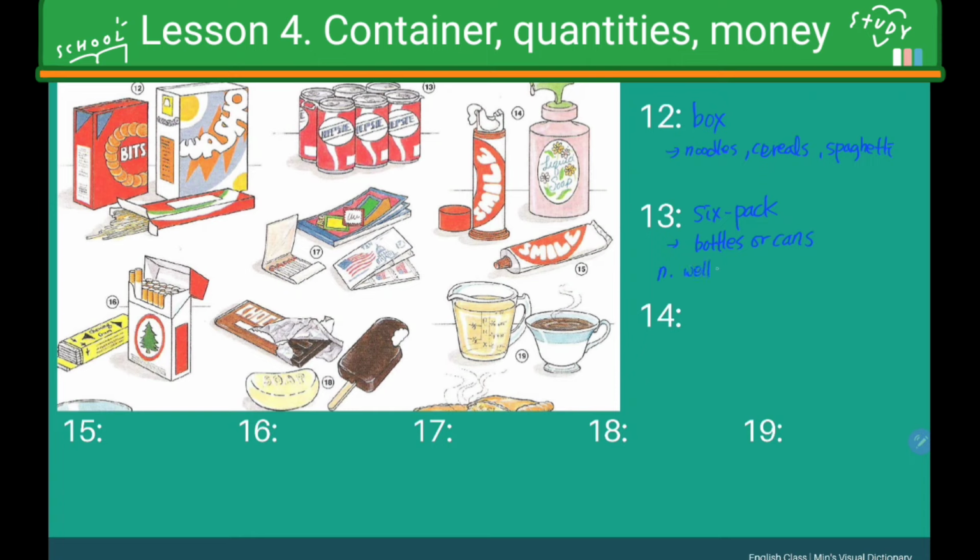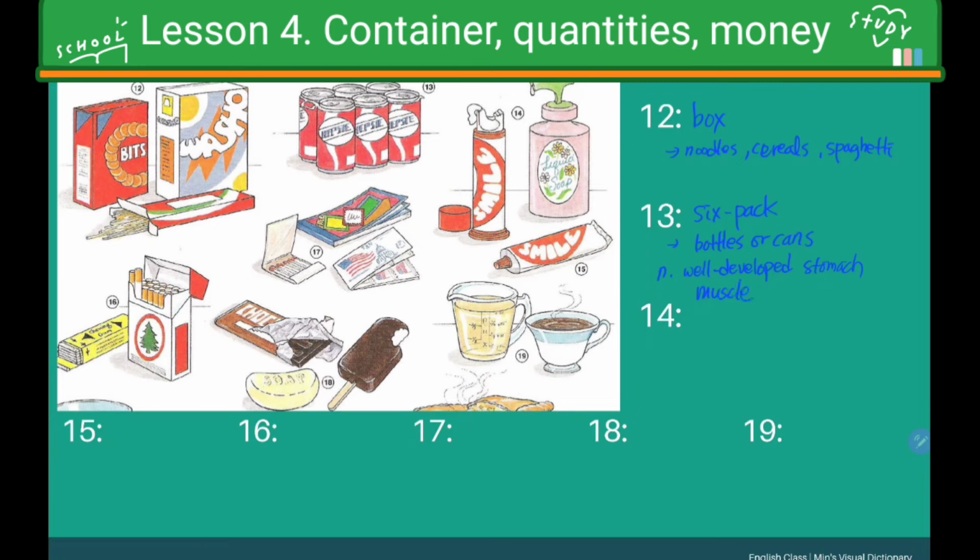So it's a well-developed stomach muscle that we all want to have, don't we?